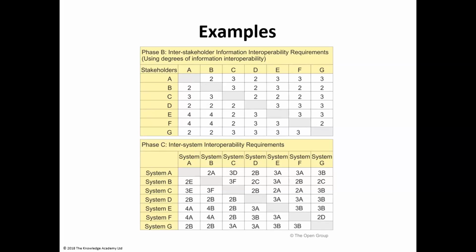Yes. Now, the number here shows degree of information. Let me give an example for you. If you look at stakeholder F, imagine stakeholder F is in one city in the UK. He is looking for 4th level information from stakeholder B who is in London.